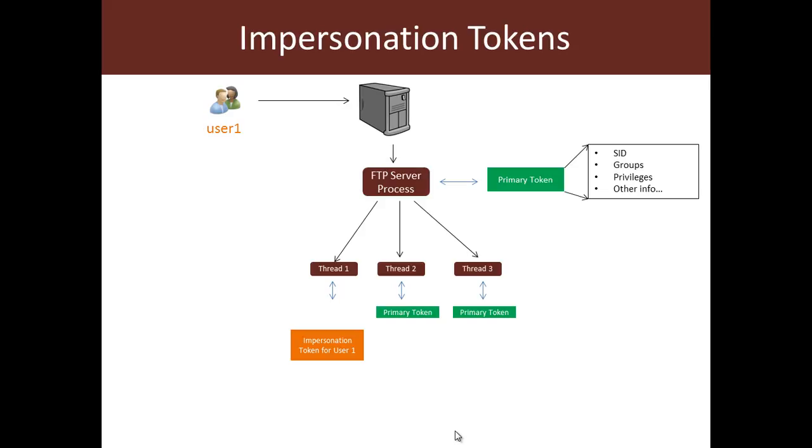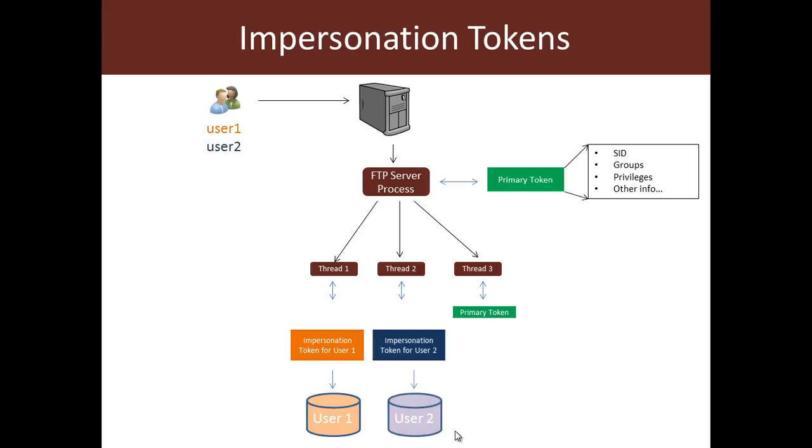Thread 1 uses this impersonation token, which is created after user 1 authenticates using his credentials. Using this impersonation token, thread 1 is able to access anything which user 1 is allowed to access. Similarly, user 2 and user 3 would log in, and the different threads servicing them would obtain impersonation tokens using which they are able to access resources for all of these users.